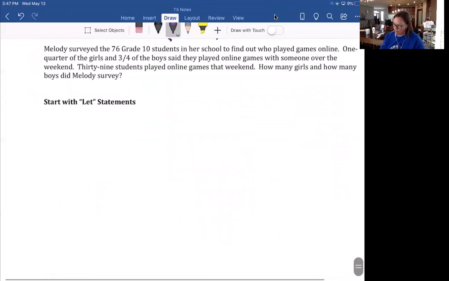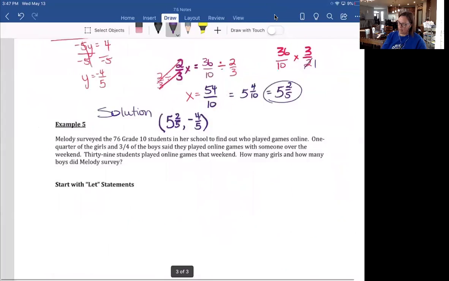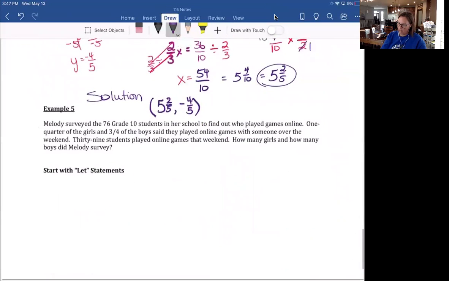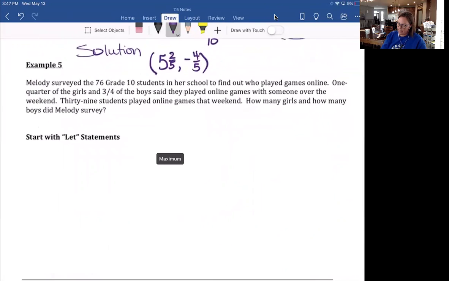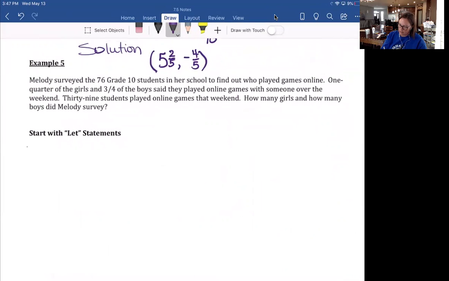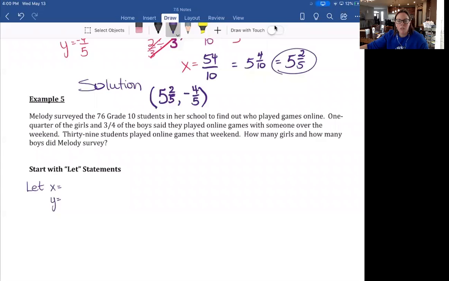Alrighty, here's a full-fledged question. So we even have to make our equations. Melody surveyed the 76 grade 10 students. So we're going to let x equal something and y equal something. So we have to figure out what the two things are that we are talking about.